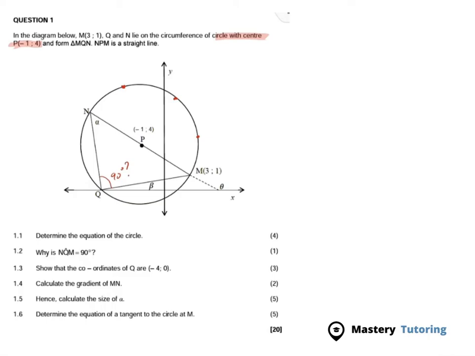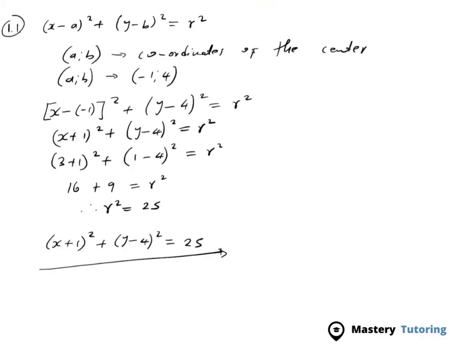For 1.3, they're looking for us to show that the coordinates of Q are -4 and 0. There are many ways to do this, but one method that I want to use is as follows. From 1.3, we have this equation of the circle, x squared plus y minus 4 squared is equal to 25. This is what we got.